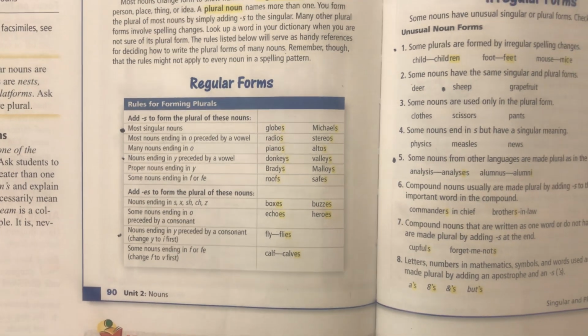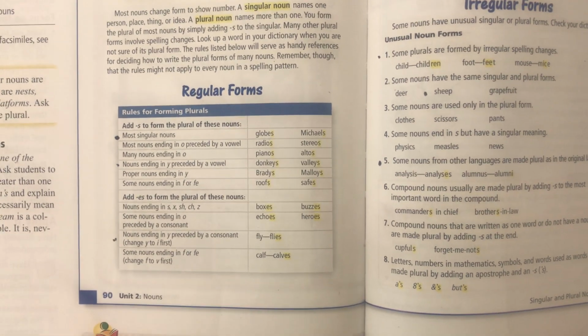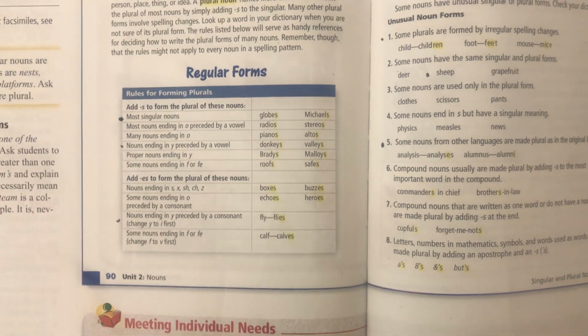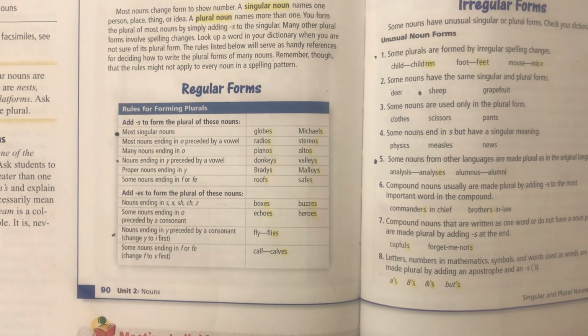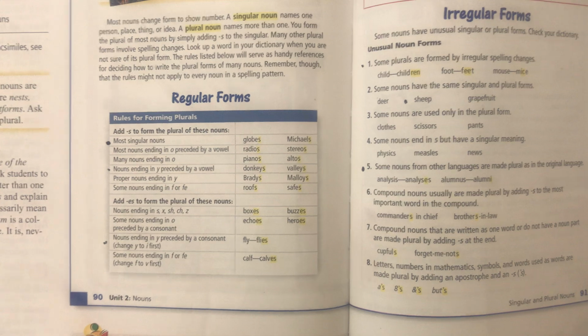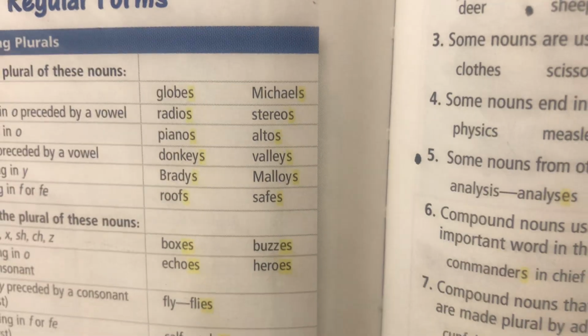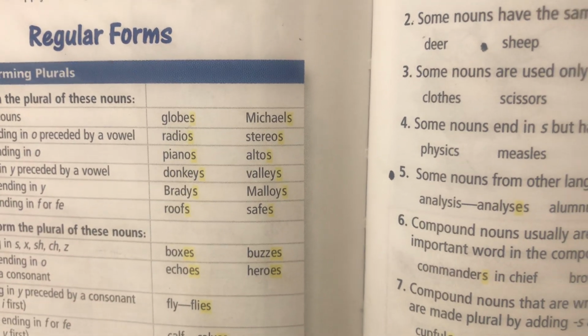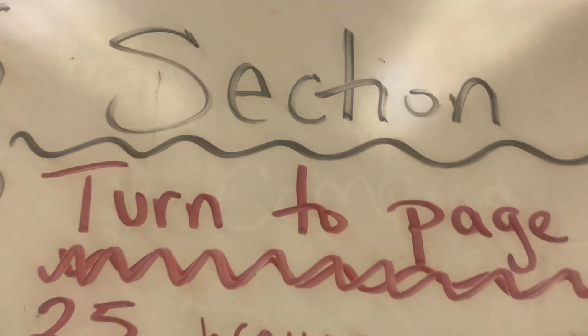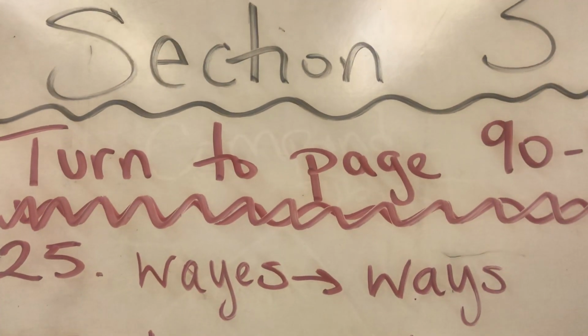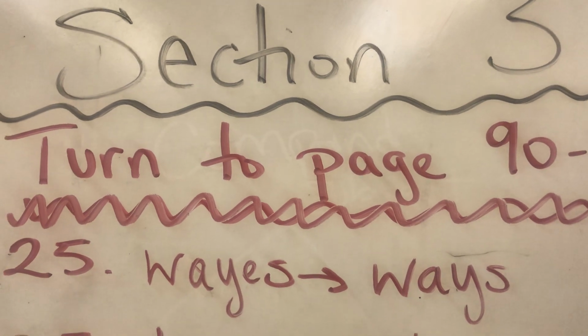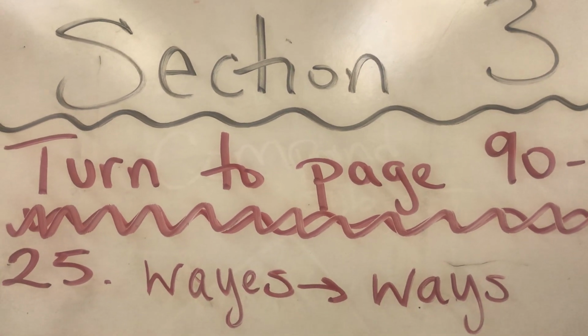So way is spelled W-A-Y. So A would be a vowel, and Y is preceding that vowel. So it should change into W-A-Y-S. So for number 25, we have ways, W-A-Y-S.